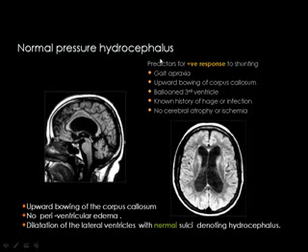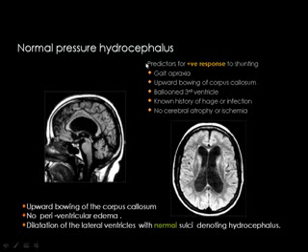And these are the criteria that the patient will improve after application of the shunt, because many of these patients after application of the shunt may not improve at all, or may get some worsening of the symptoms.